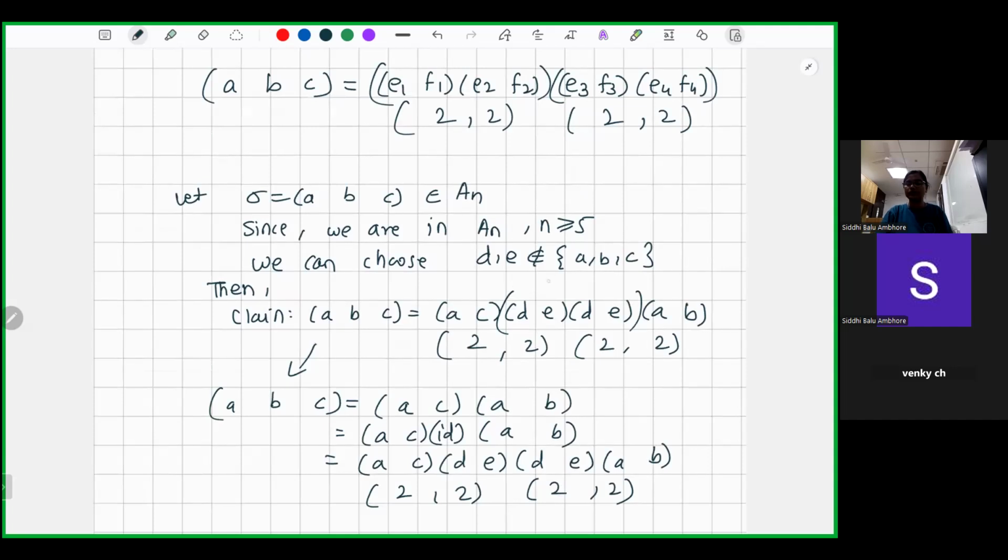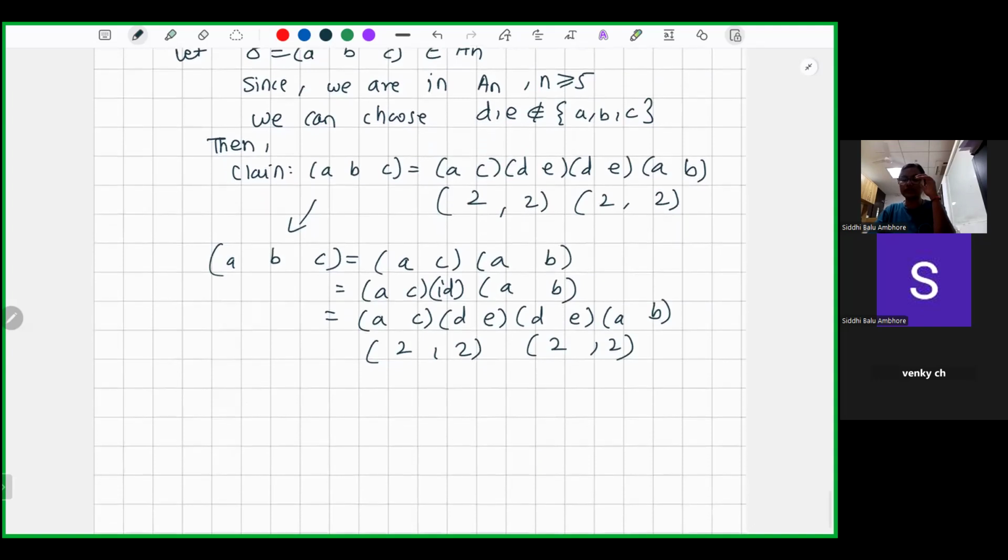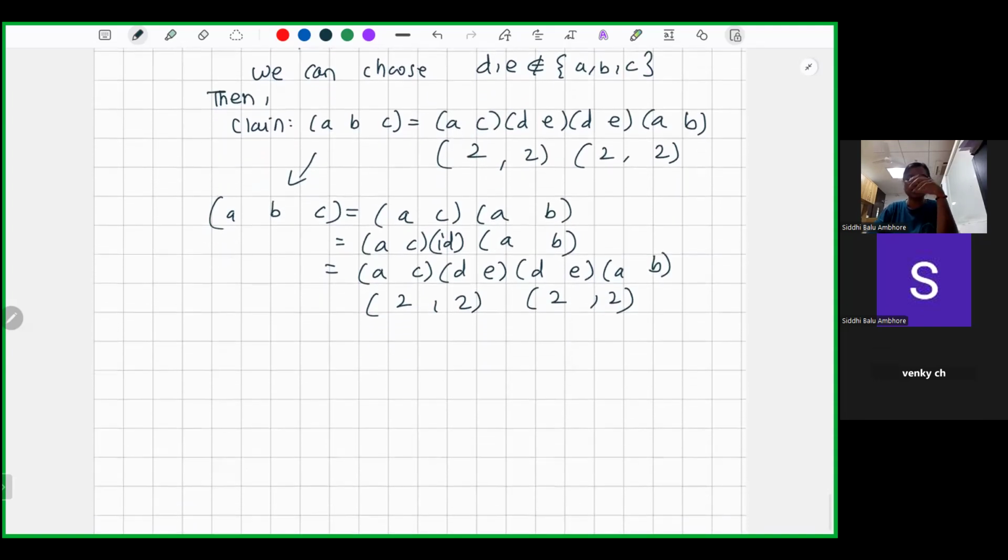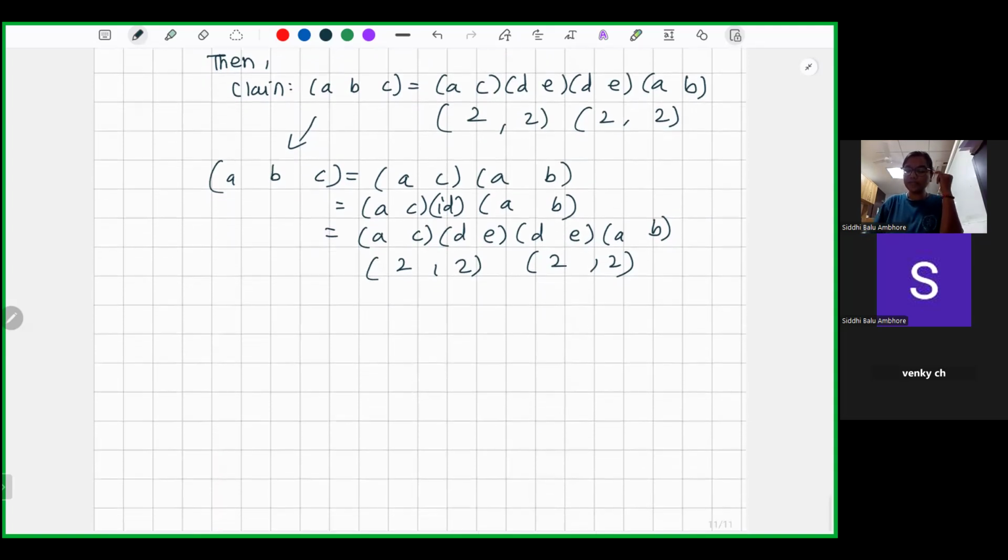Even if we do not use this (D E), in that case it won't work. We need this to be of 2-2 type, so the cycles need to be disjoint; we can't repeat the element.